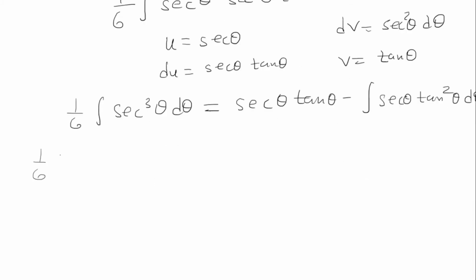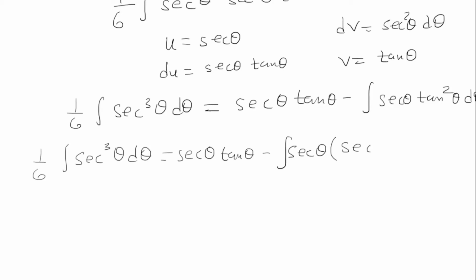So I'm just going to leave the 1/6 here, secant cubed d theta. And I'm going to make a substitution now. We did say that 1 plus tangent squared is secant squared. So tangent squared is just secant squared minus 1. And I did make a mistake here.